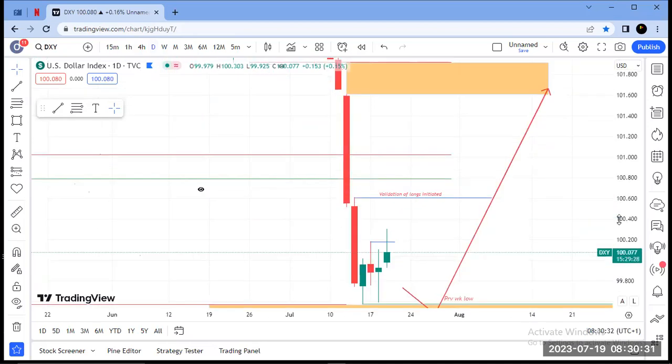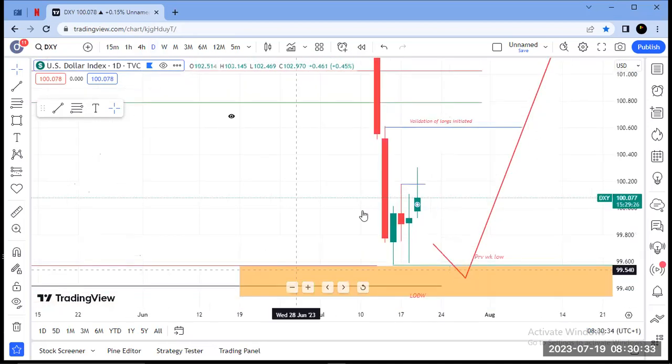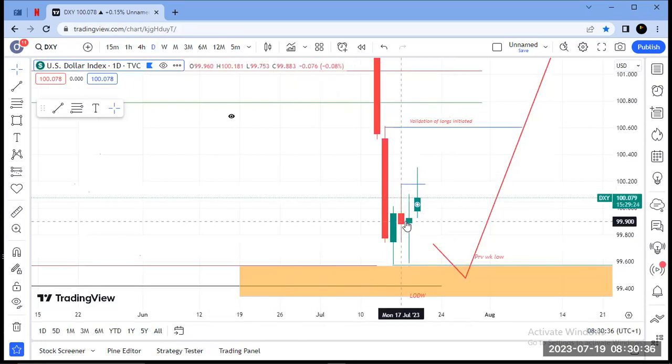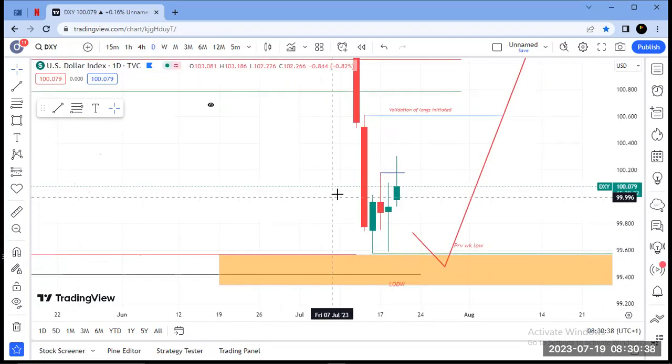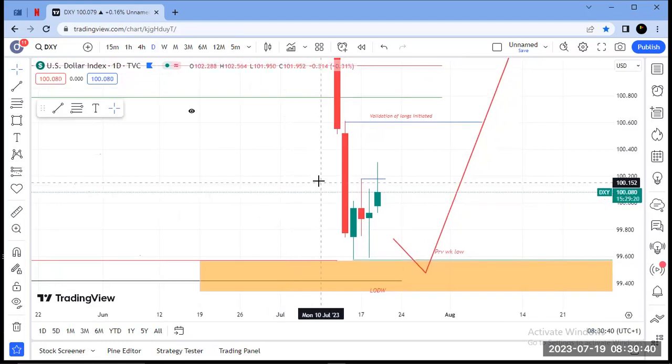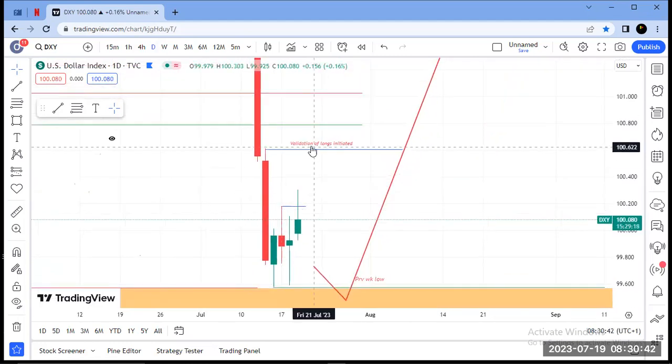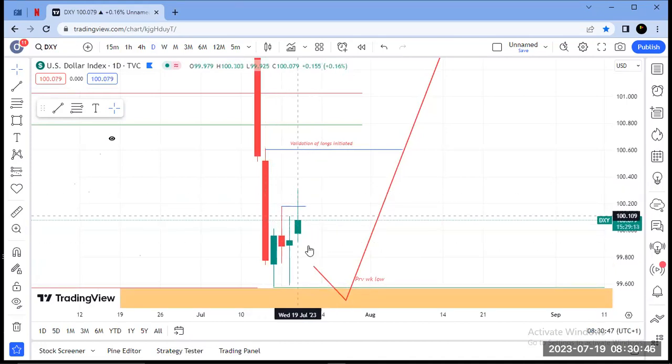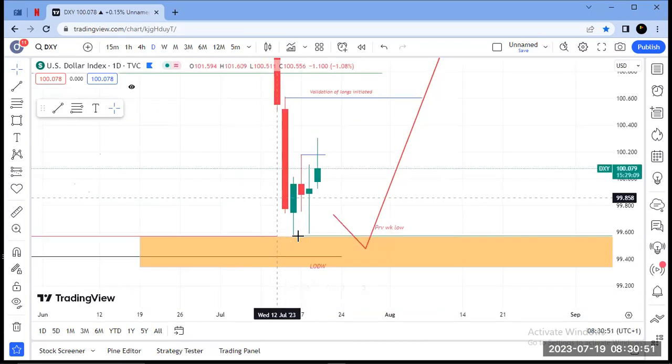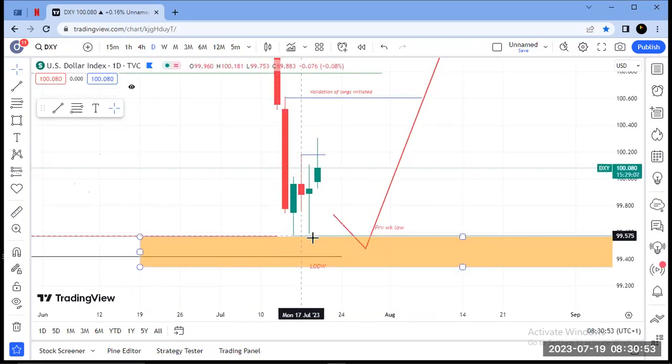So despite what all this is doing, we have been seeing contraction candles since, and we expect a large range candle. And this is what I'm looking at, the validations of the long that have been initiated. So all this that has been happening here really does not interest me, whether we have started buying and have we forfeited this low or this point of liquidity to the downside.